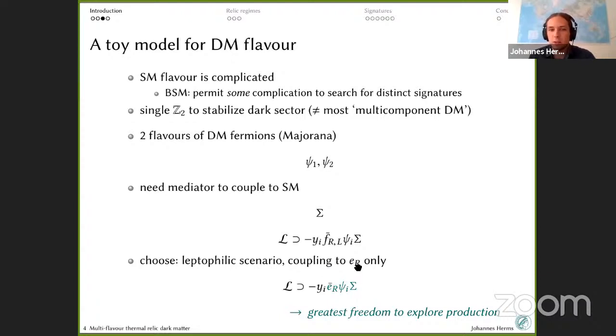It also evades all kinds of Standard Model flavor constraints, but you could imagine that if we couple to multiple leptons here, the mu and the tau and the electrons, then you get flavor changing neutral currents, and lots of trouble. But here, for the purposes of studying dark matter production, we focus on this model to have the greatest freedom and really see in the whole parameter space what can happen for dark matter production.